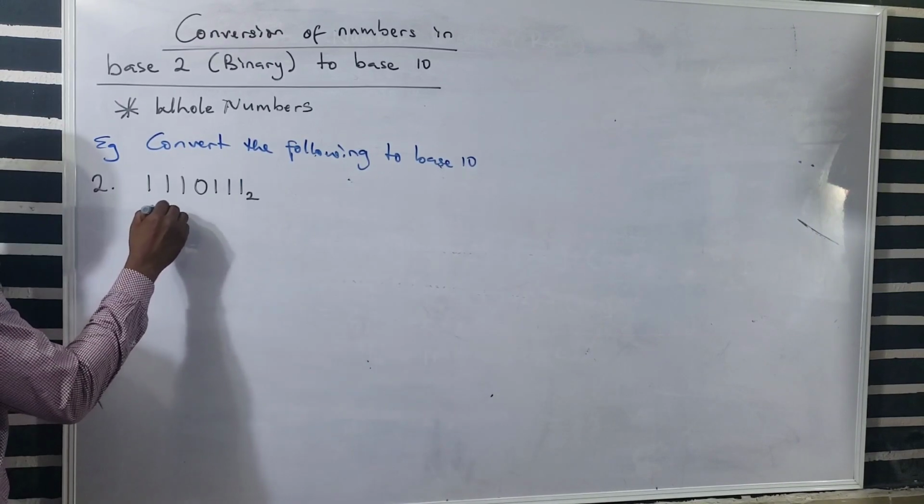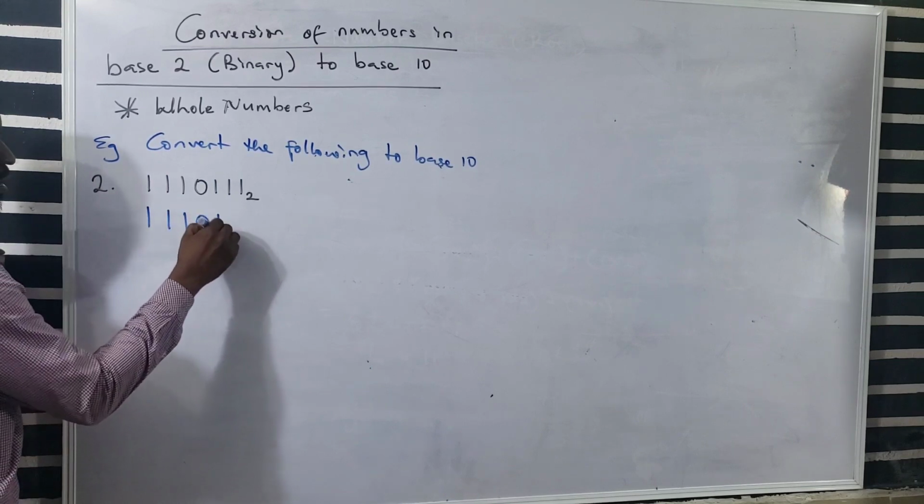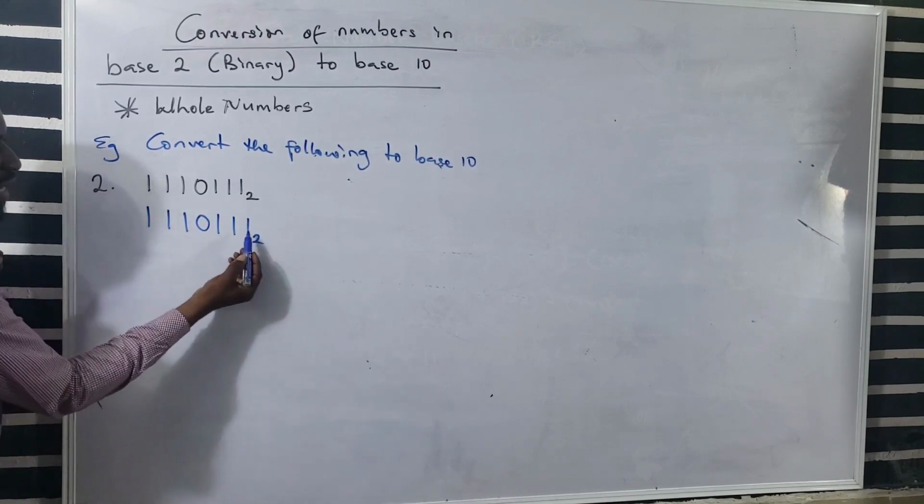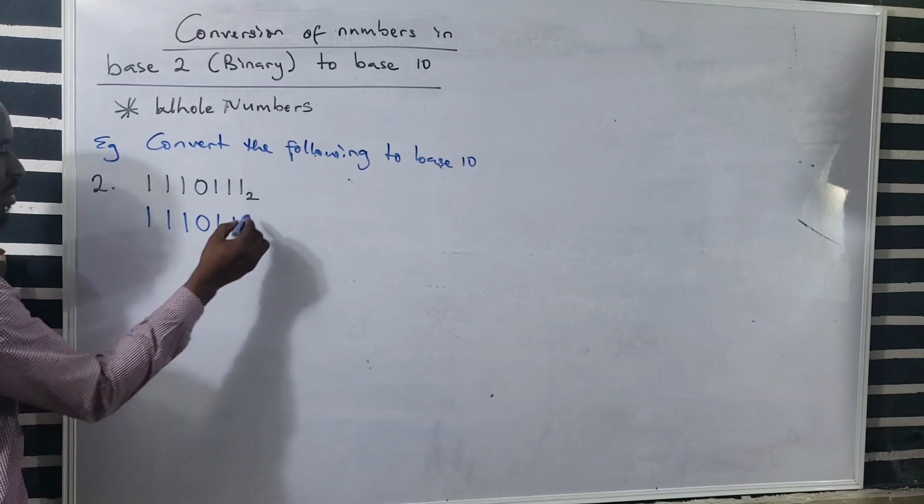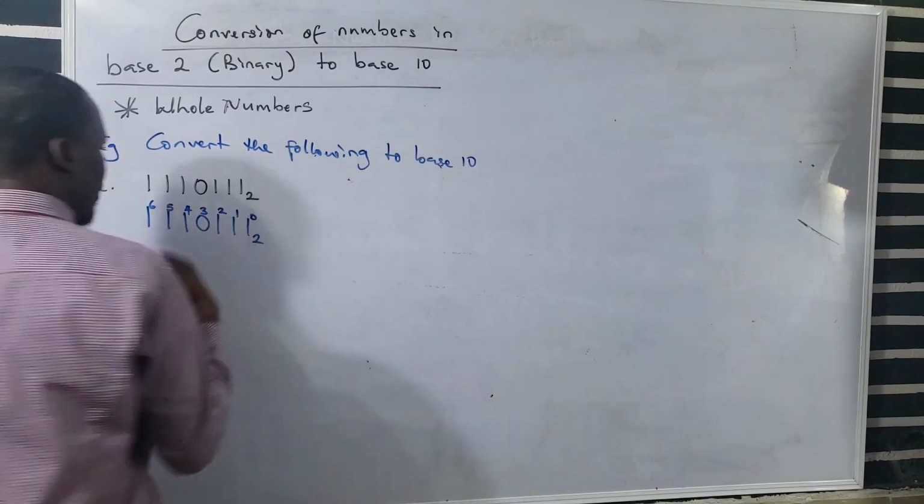I'll first of all write my number and index it starting from 0. So that will give me 0.